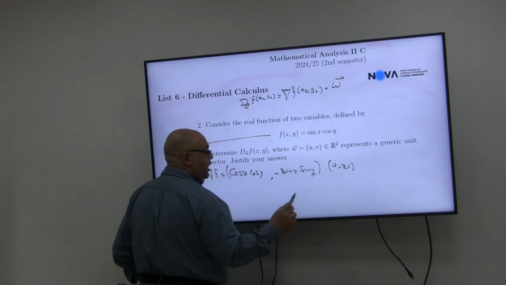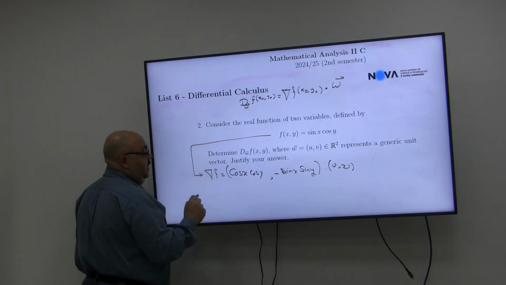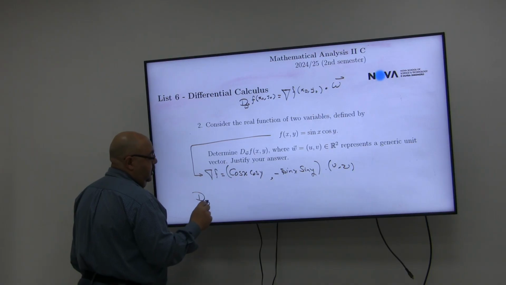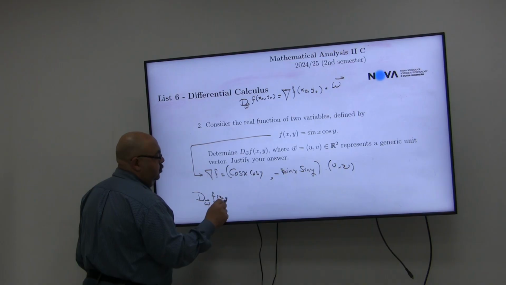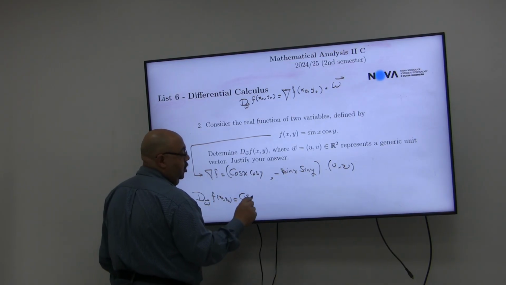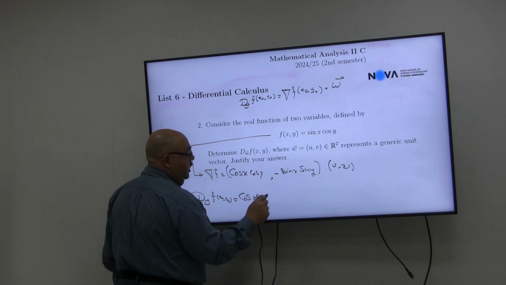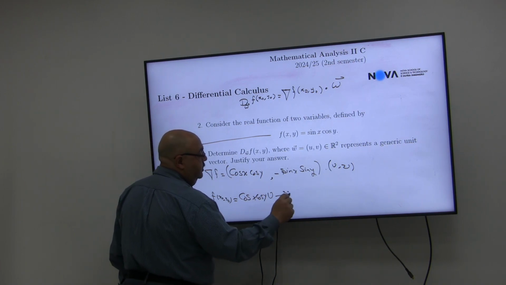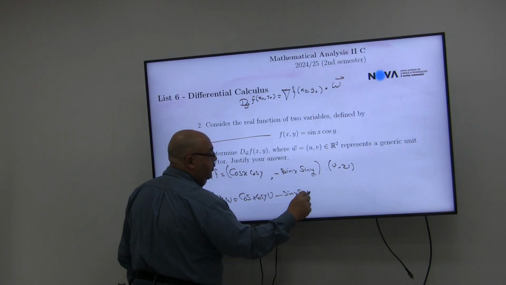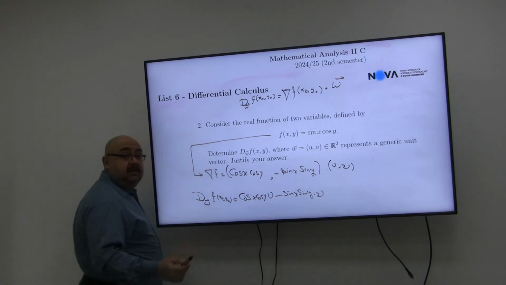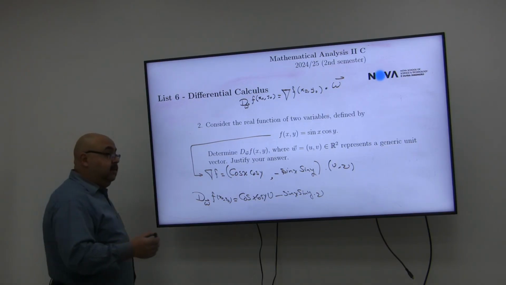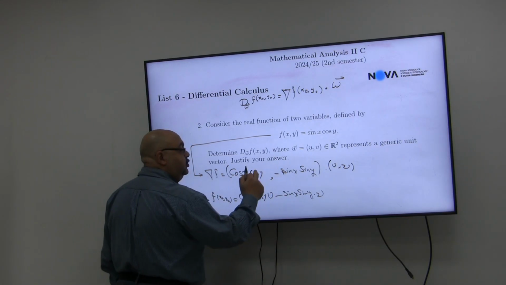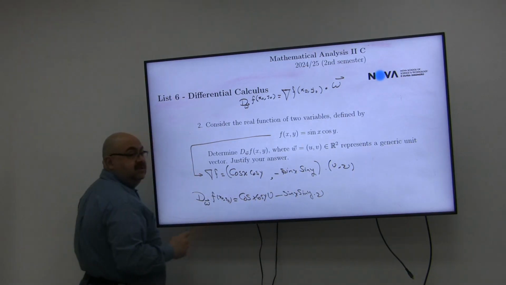So the final answer is the directional derivative of f at (x0, y0) in the direction of w: cosine x cosine y times u, minus sine x sine y times v. That's it. Because once you do the dot product, you multiply the first component by the first component and the second component by the second component.